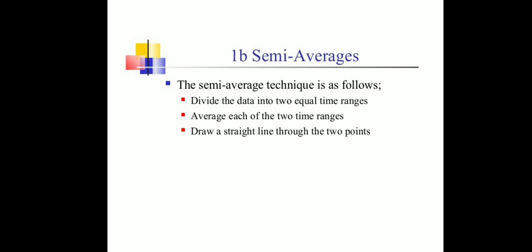You have to collect the time series data, then plot all these values on the graph paper, and you get a scatter diagram. With this scatter diagram, you have to draw a freehand smooth curve through these points so that it accurately reflects the long term tendency of the data.